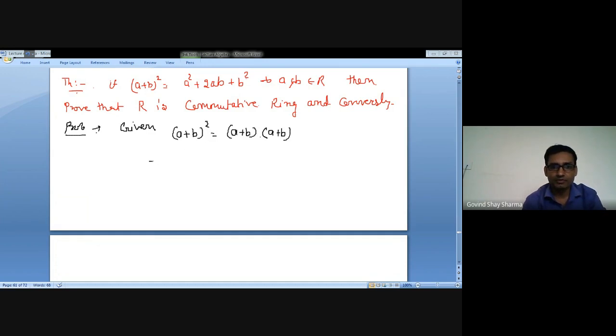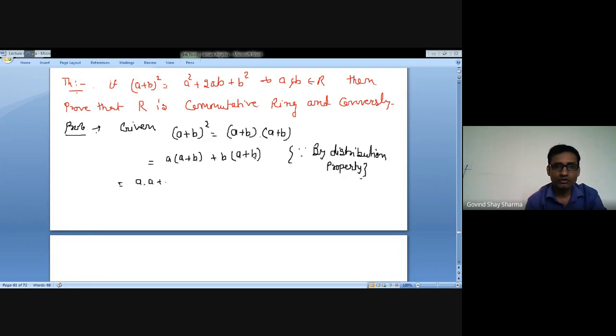Now by distribution property, a dot a plus a dot b plus b dot a plus b dot b.